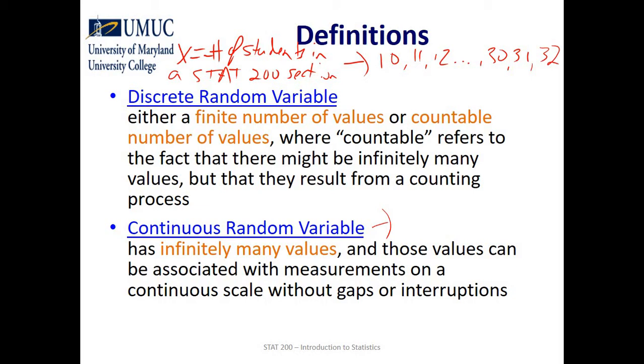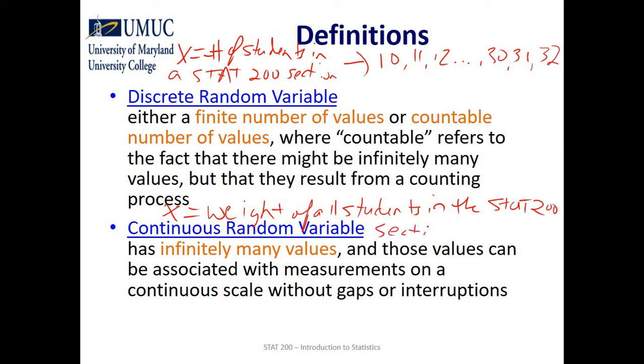The continuous random variable, I'm going to write it right above here, x equals the weight of all students in the Stat 200 section. Now, if you think about weight, you can always add another decimal.